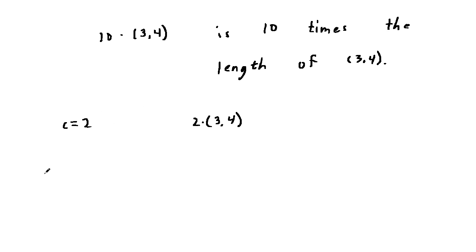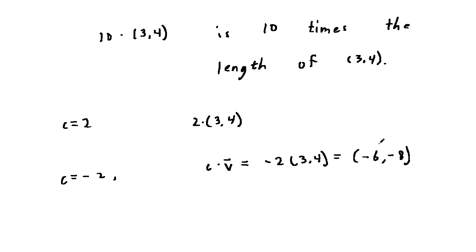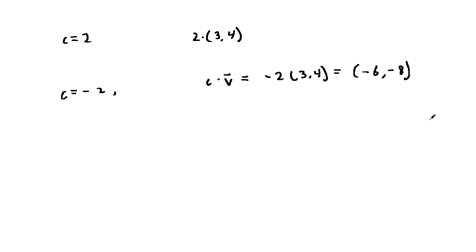Now if c equals -2, then c times v, that's -2 times 3, 4, which is -6, -8. Let's graph that here. 1, 2, 3, 4, 5, 6, 1, 2, 3, 4, 5, 6, 7, 8.